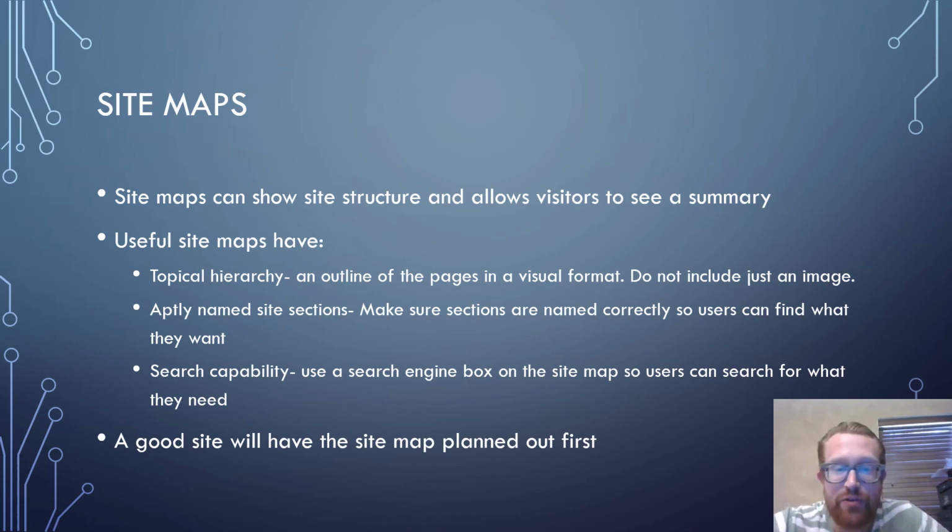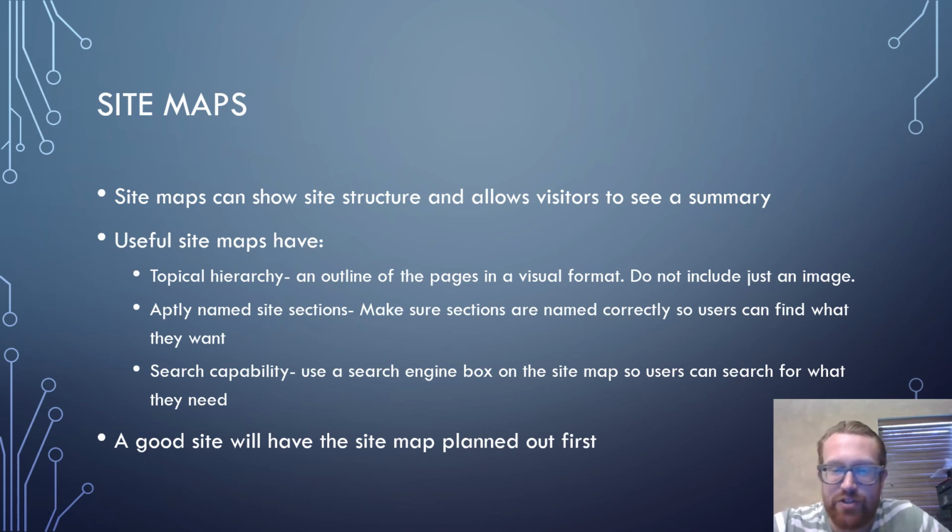It's recommended you don't just include an image, okay? You can make it an image, but if you're going to do an image, make sure you provide hyperlinks so that people with visual challenges can still see it. Aptly named site sections: if you do branch your website into sections, make sure they're named appropriately and correctly so users can find what they want quickly. You also want to include some search capability.